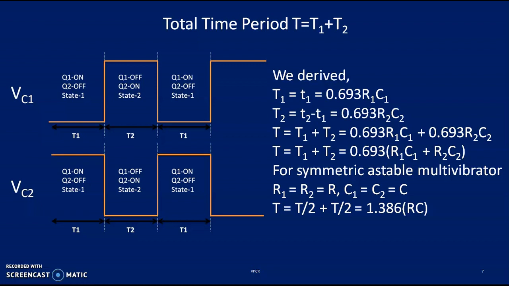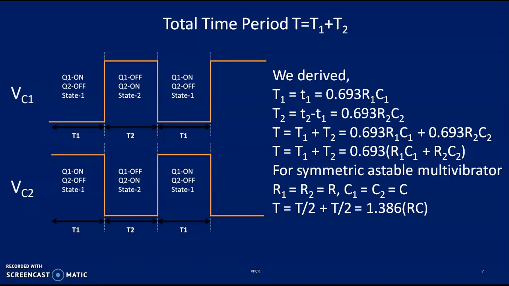That means R1 equals R2 equals R, and C1 equals C2 equals C. When this condition is met, you can call that an astable multivibrator a symmetric astable multivibrator. Of course, when the product R1 C1 equals R2 C2, then also you can call that circuit a symmetric astable multivibrator.